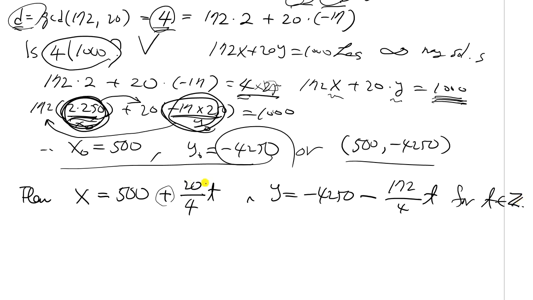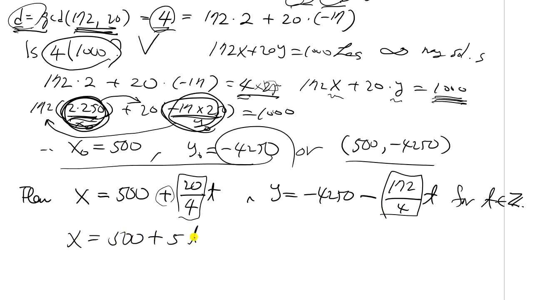Then another thing, 4 was the greatest common divisor of 172 and 20, which means these numbers should be integers, right? It's divisible by 4. So finally, the real answer must be this one, and y is negative 4250 minus 43t, right? And t is just an arbitrary integer.